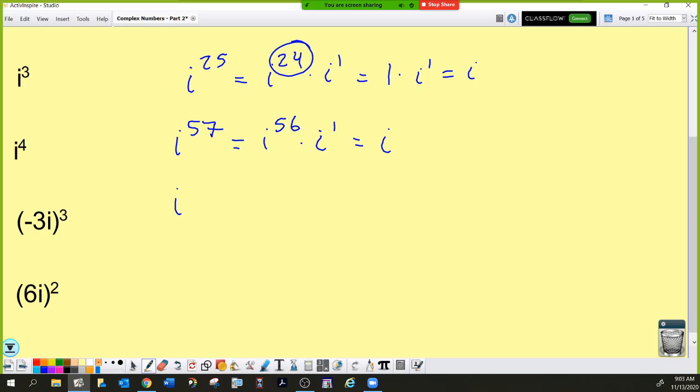Or if I wanted to get crazy, 4 doesn't go into 31, but 4 does go into 28. And every time you have a multiple of 4 as an exponent, it just equals 1.